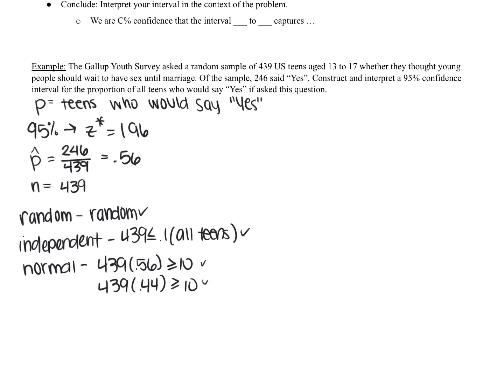So now that we have all of our conditions, we can go ahead and construct our interval. So it's going to start with our p-hat, which is 0.56, plus or minus our Z critical value, 1.96, times the square root of 0.56 times 0.44 all over N, which is 439. So at this point, you can finish constructing your interval using your calculator, or you can go ahead and do the math and construct it that way. Both are acceptable.